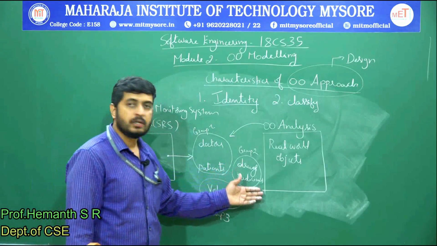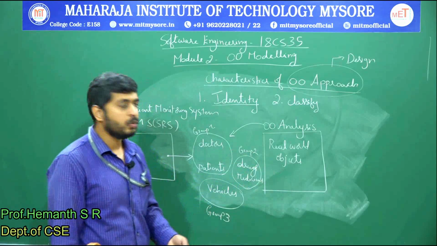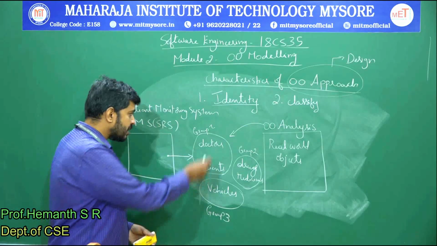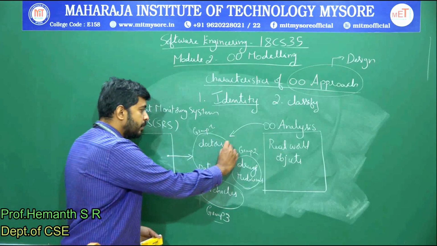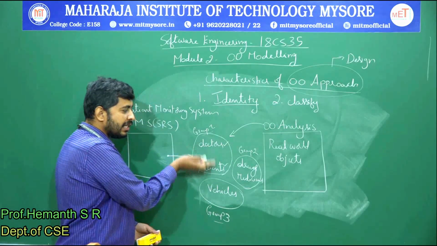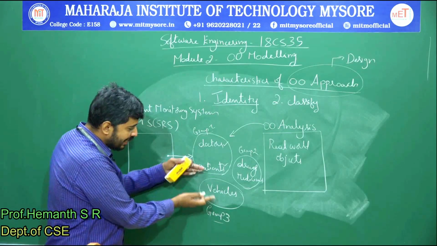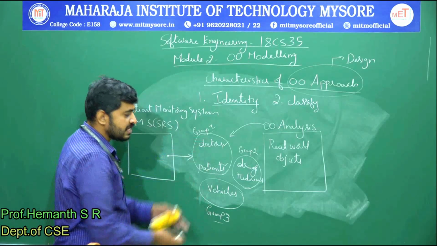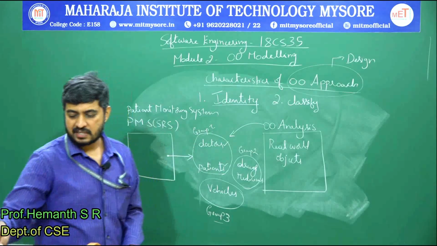Drugs, medicines are used to treat the patients, so that has been put into a different group. Please note the grouping has been done based on the similarity of the entities. Doctors and patients are more similar to one another compared to a vehicle. That is why vehicle is in a different group, and doctors and patients are in one group. So that is the second step, that is classification.